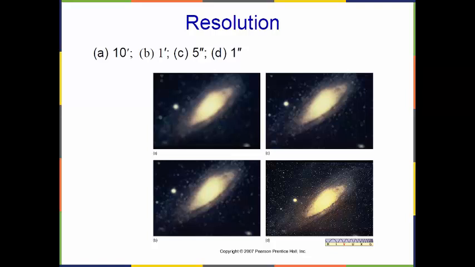And here we see 4 different telescopes, and each one is bigger, going from A to D. So the diameter of the mirror or the lens is bigger, and you can see how the quality improves every time we get a larger lens or mirror.